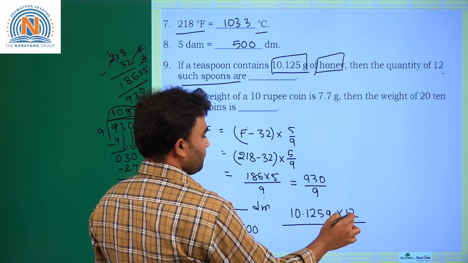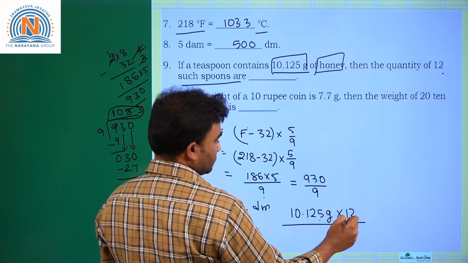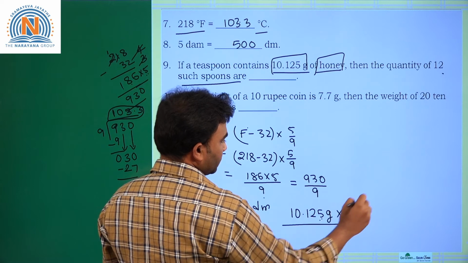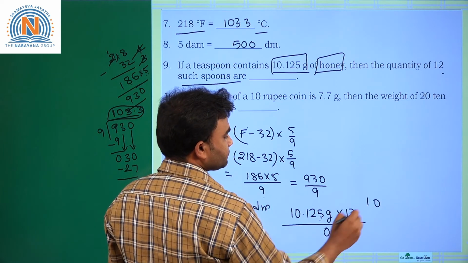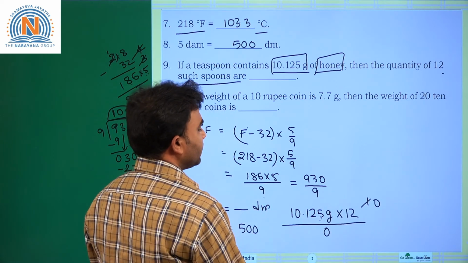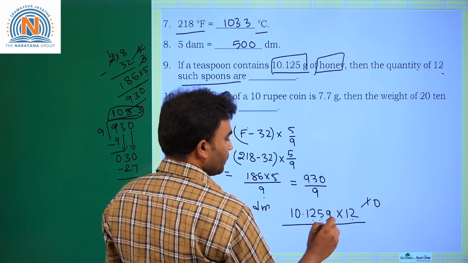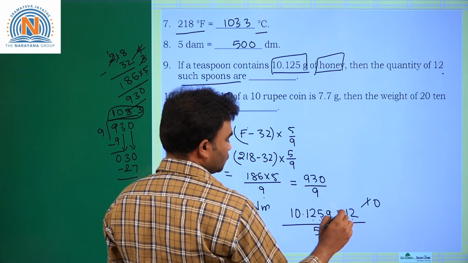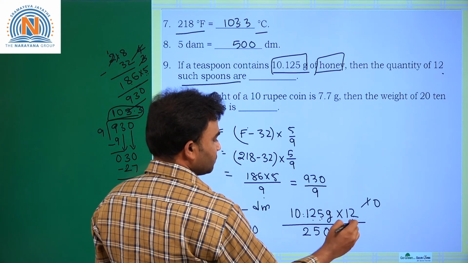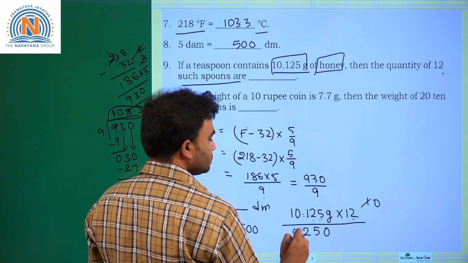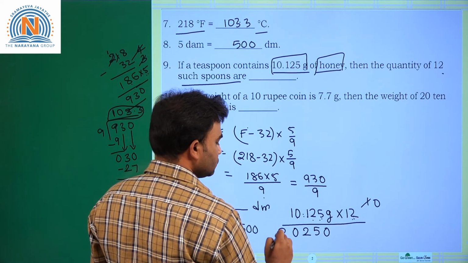Now multiply 12 into 5 or 2 into 5. 2 5s 10, 1 there and 0 here. Next, 2 2s 4. 4 plus 1 is 5. Next, 2 1s 2. Next decimal point, leave it, 2 zeros 0, 2 1s 2.